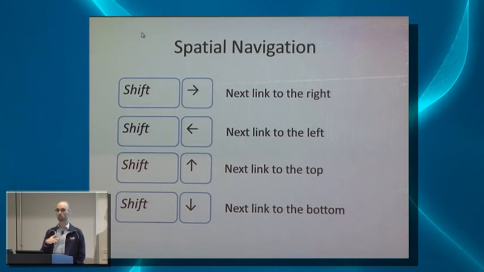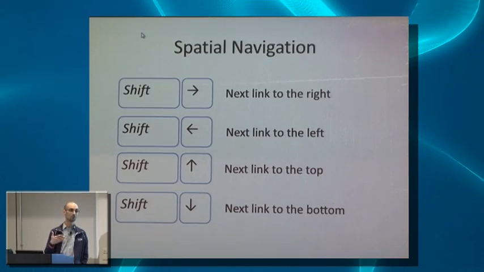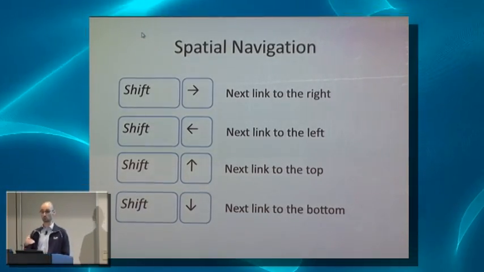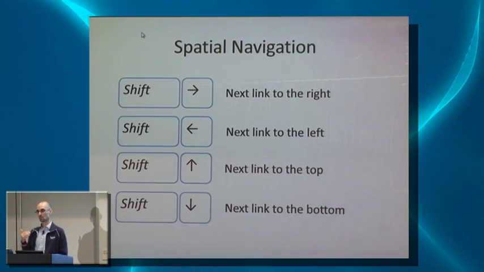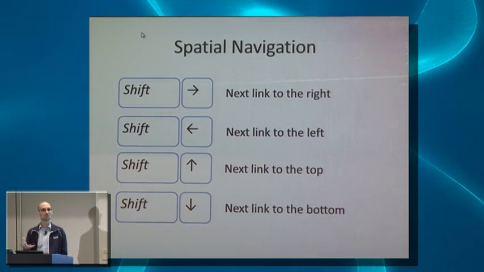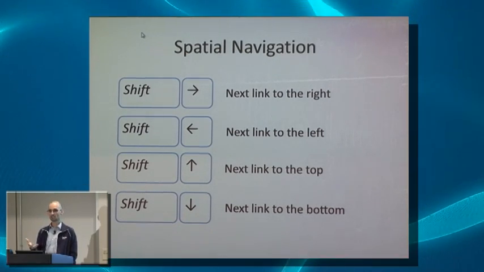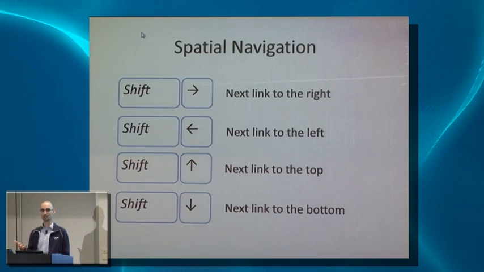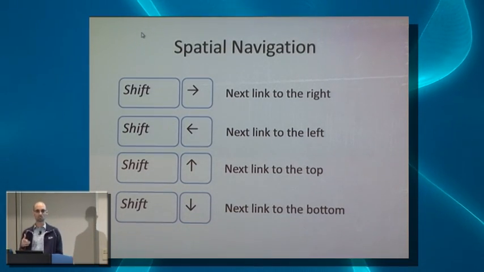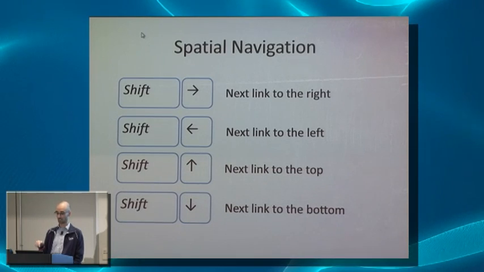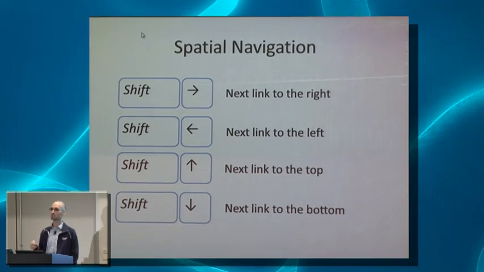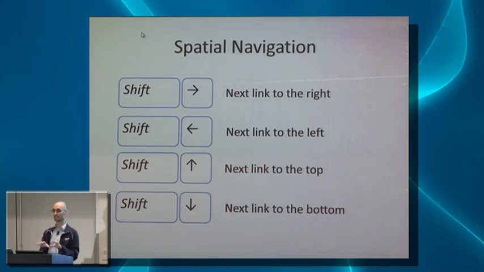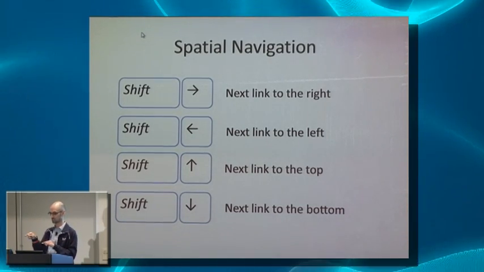Because if you remember earlier, as I was tabbing through, I was actually tabbing through in the order in which those links and buttons were in the source, right? Which, when you're looking at the screen, doesn't always make sense. Because things aren't arranged in the source the way that they're arranged in the screen. And sometimes I end up pressing tab 100 times just to get to the one link that I want. And what spatial navigation does is it tries to figure out, based on the layout of the page, what would be the next link or button in each direction, right?